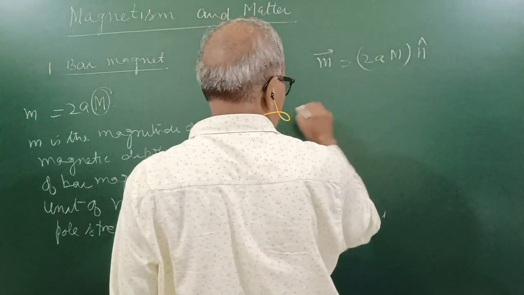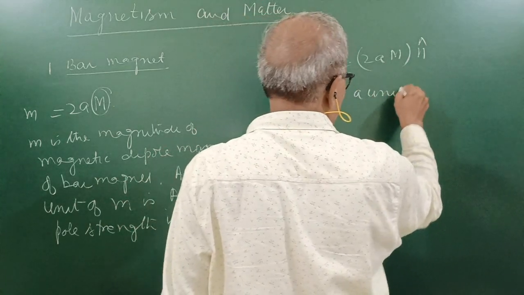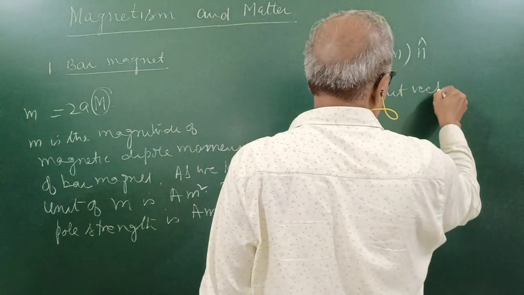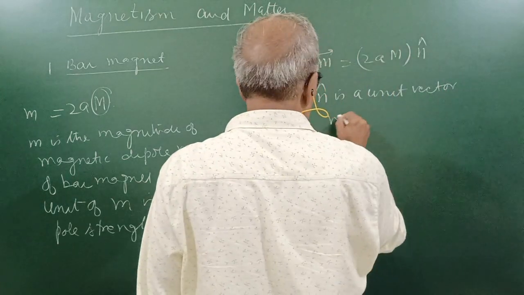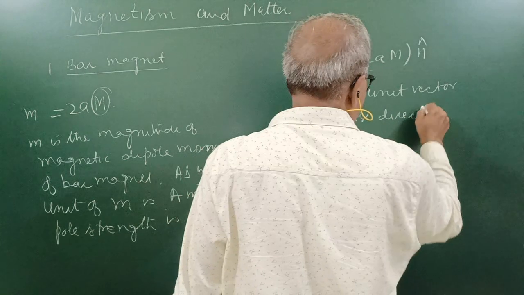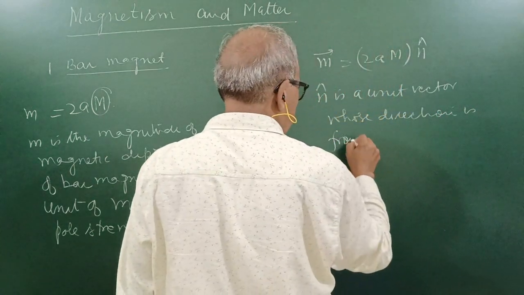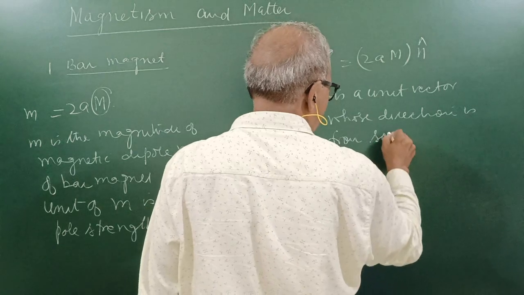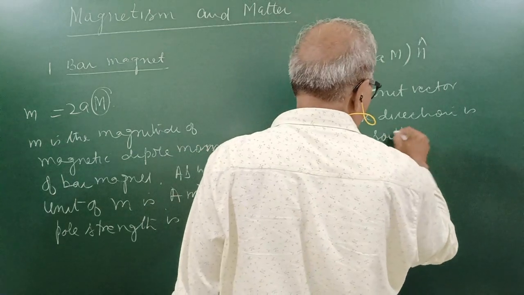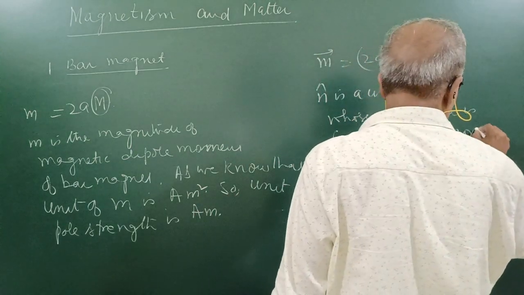Here n cap is a unit vector whose direction is from South Pole to North Pole.